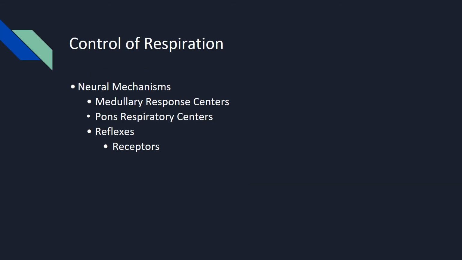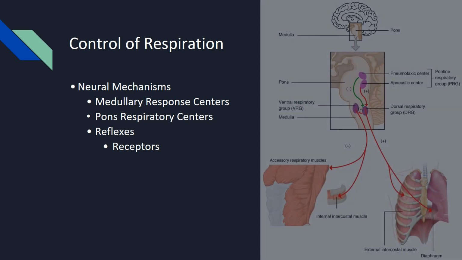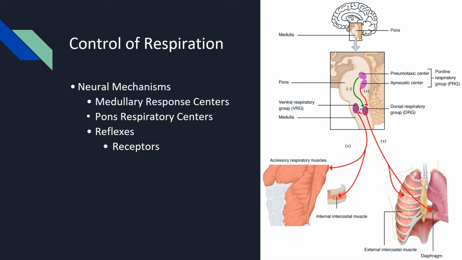Control of respirations. Neural mechanisms, which are medullary respiratory centers, pons respiratory centers, and reflexes. The receptors for the reflexes are nasal mucosa, which causes you to sneeze, tracheal and bronchi, which cause you to cough, and bronchioles, which constrict.